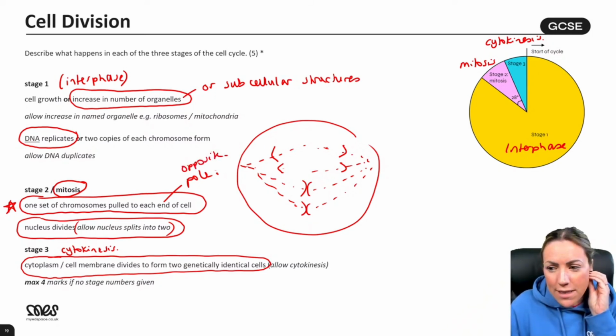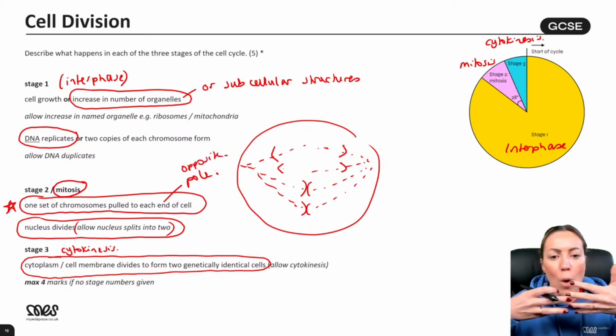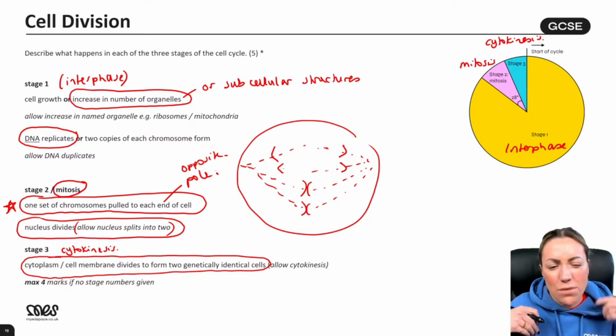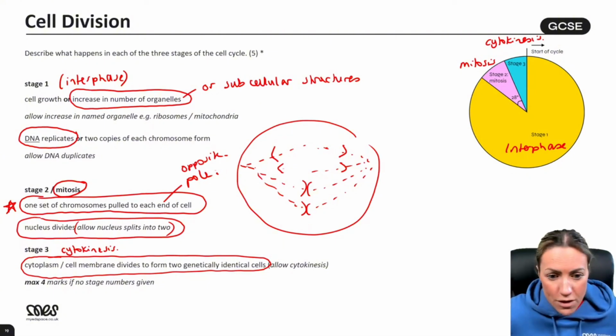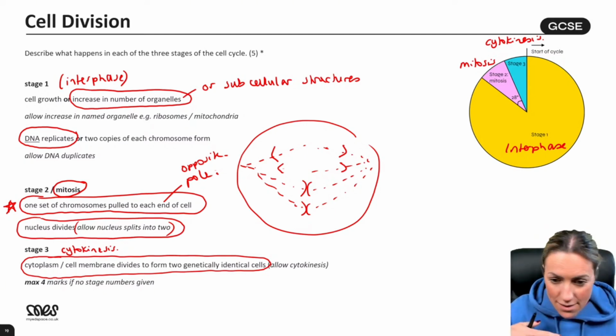And you should be using the word pulled or moved, because some students imply that they move on their own, but they are being pulled, they are being moved to opposite poles, to opposite sides or opposite ends of the cell. We don't need to learn about metaphase, anaphase, telophase or prophase for AQA.